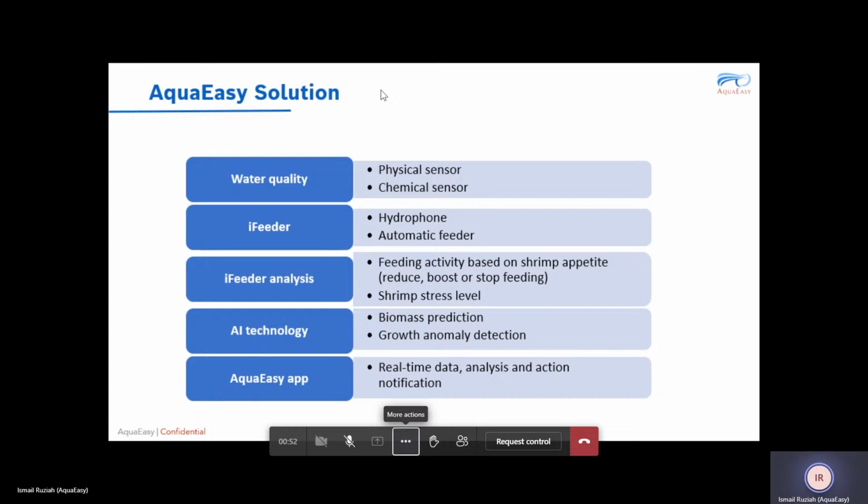The signal that the hydrophone captures is then processed by our own algorithms. These processed signals help us capture different patterns and behaviors that the shrimps produce in the water. These patterns are then evaluated by our AI to make decisions. At this point, this AI is not complete.